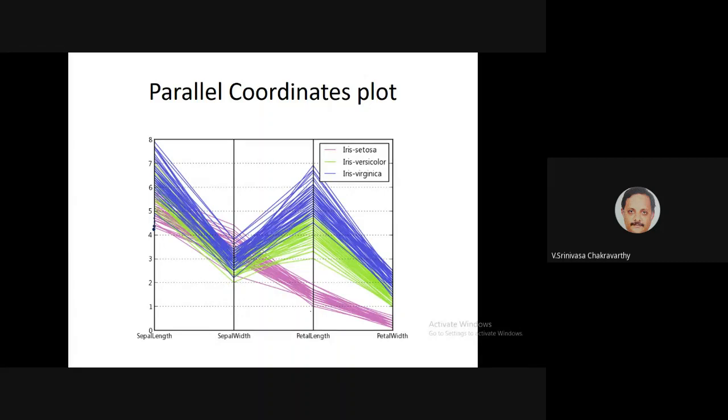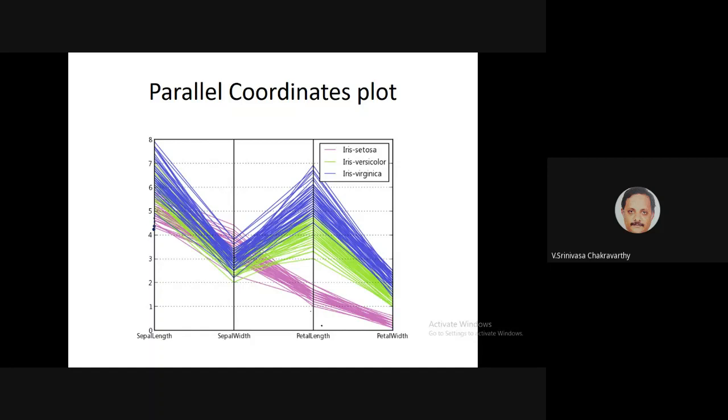In terms of sepal length, the purple, iris setosa, is different from both iris versicolor and iris virginica. Iris virginica and iris versicolor are very similar for sepal lengths, because you see a lot of occlusion going on here. Similarly, petal width is also quite distinctive for the 3 flowers.